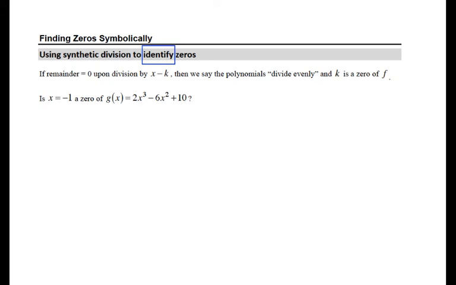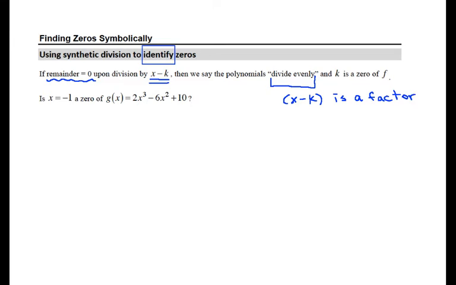And it's based on the idea that if we get a remainder of 0 upon division by x minus k, then we would say that these polynomials divide evenly. If they divide evenly, that means that x minus k is a factor of the function. And the factor theorem then tells us that means that k is a zero of the function.